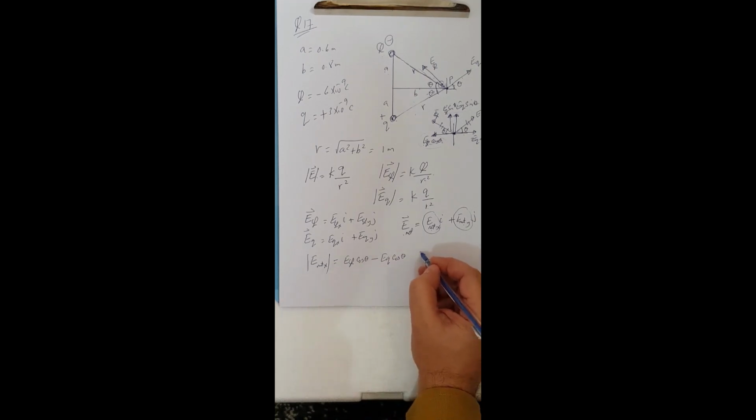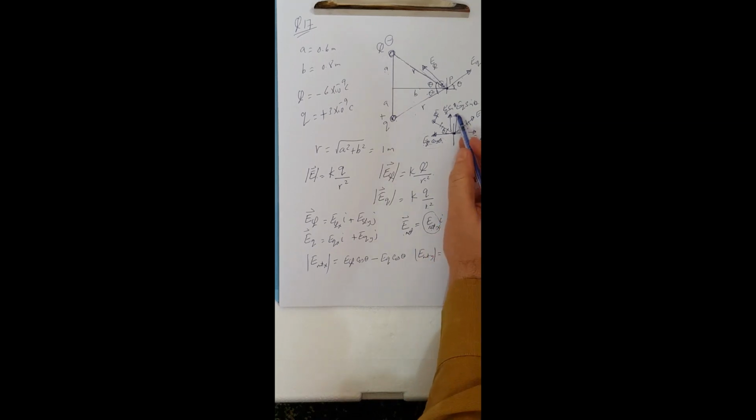For E net y, same, but here we have to add them because they're in the same direction. So you have EQ sine theta plus EQ cosine theta, and you get the total.